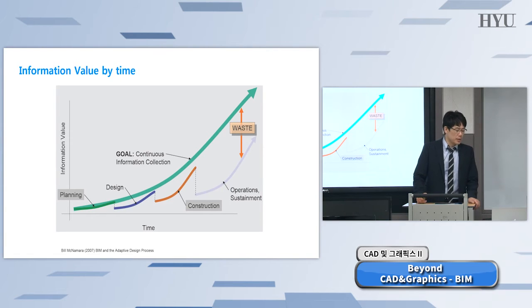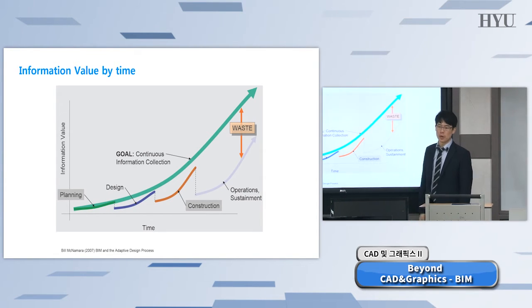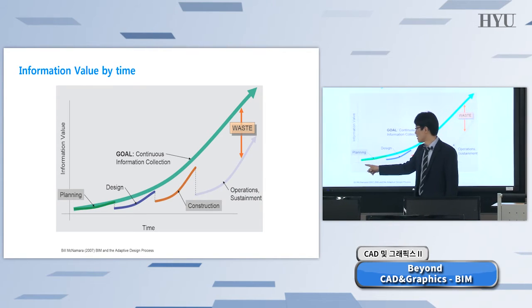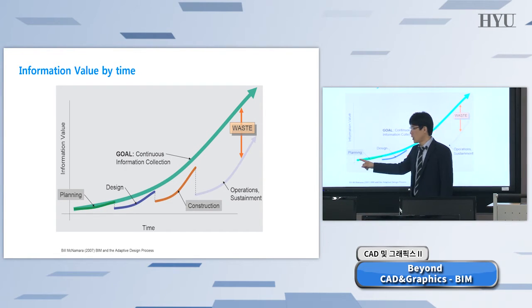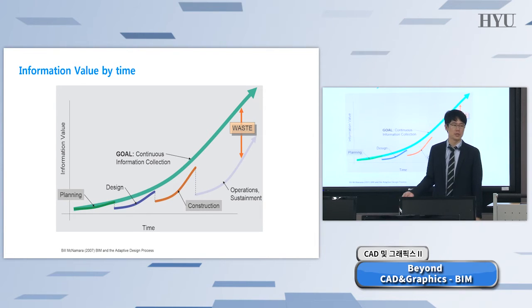Let's take a look at this information value diagram, information value by time, okay? So in planning, we don't have anything. We have just demand, okay? Okay, now we're gonna design a new building. So we build some information. But how about the design phase? We need to hire someone who's in charge of designing the building.